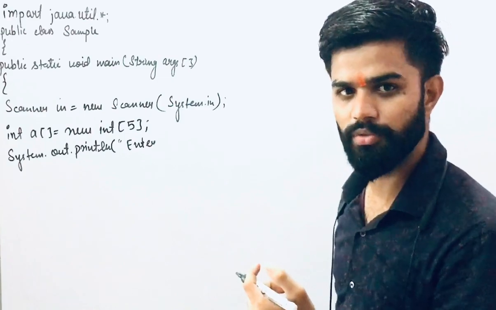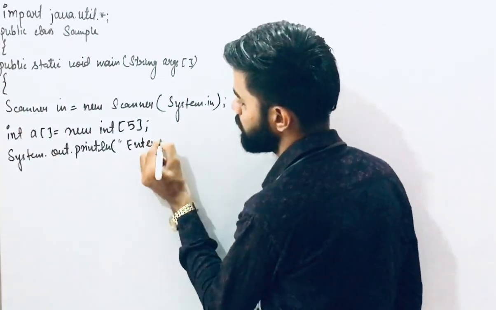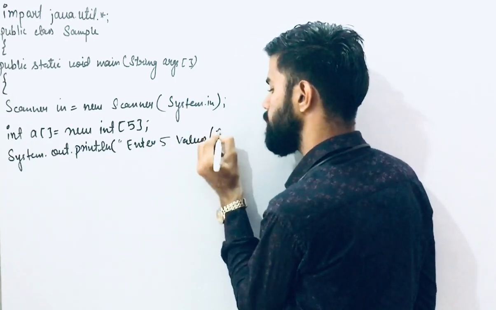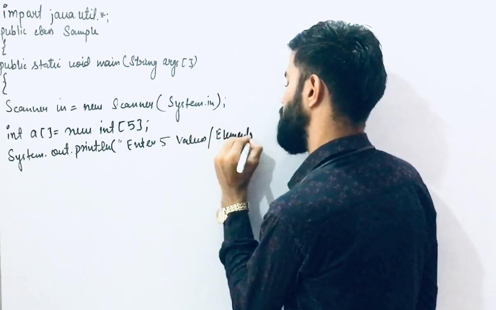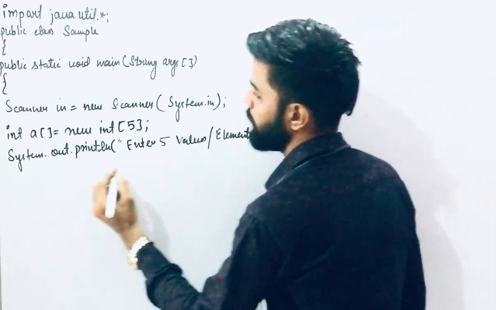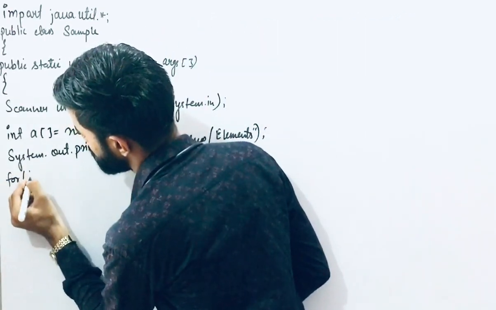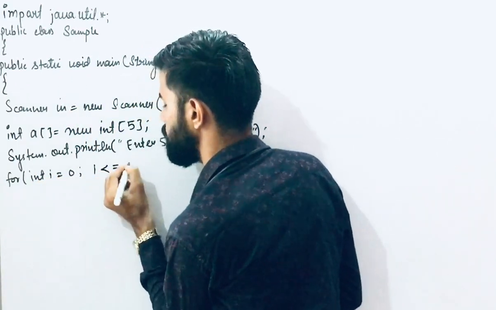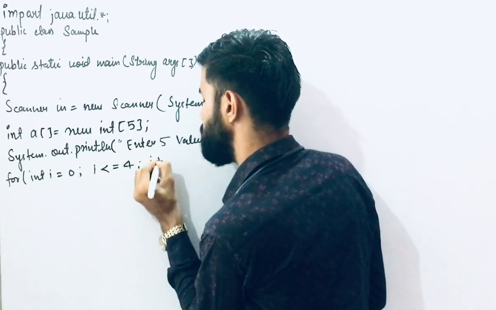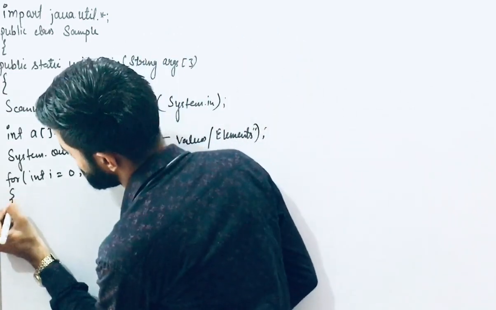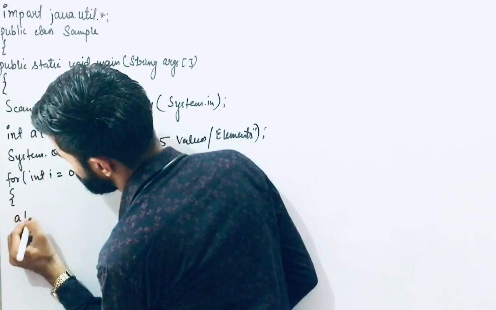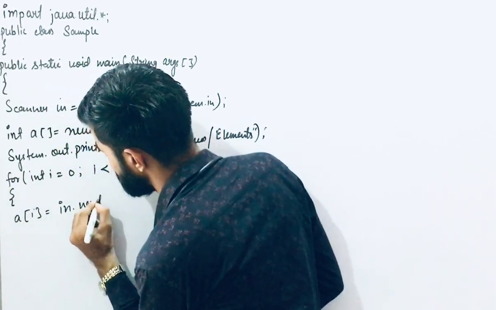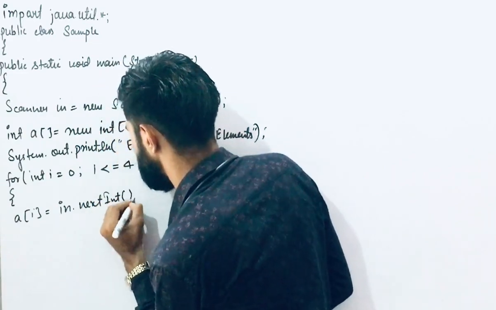Limit is there, it means total 5 elements we can initialize. And then for(int i=0; i<=4; i++), and then a[i] = in.nextInt().